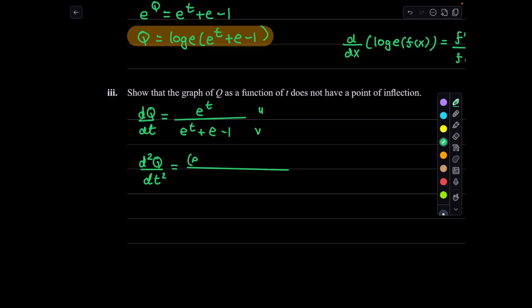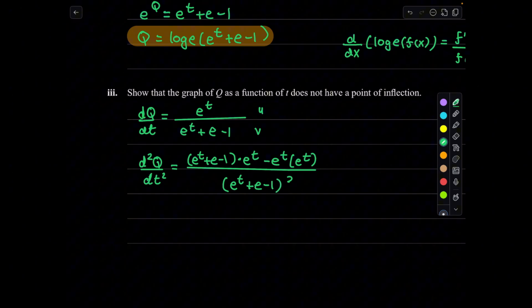So it's going to be v, e^t plus e minus 1, times u dash, which is just the same thing, e^t, minus u, which is e^t, times v dash, which is just e^t, all over v squared. So e^t plus e minus 1 all squared.